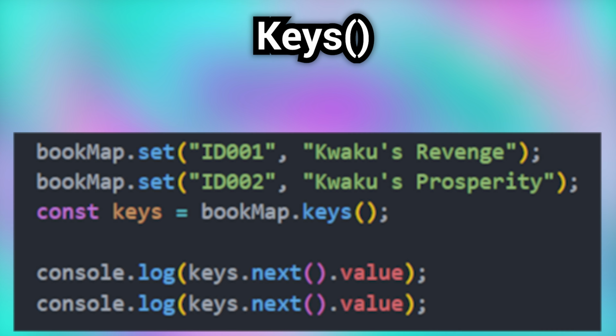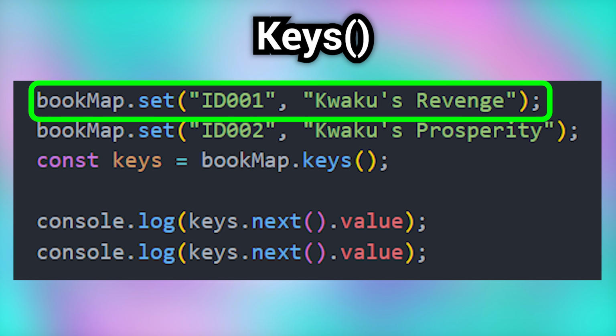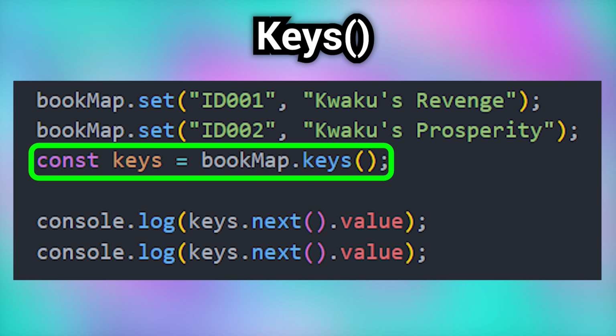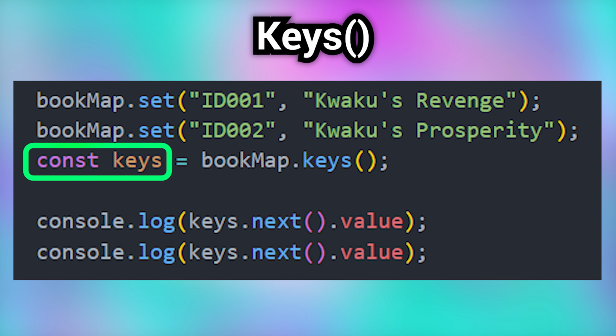The keys function returns an array with all the keys in the map. Once it's an iterator, we can call the .next function or loop through the values using forEach. So if we added Kwaku's Revenge back to the map, and then we also added the highly anticipated sequel Kwaku's Prosperity, and then we did const keys = bookMap.keys(), we now store all the book keys inside this variable called keys.